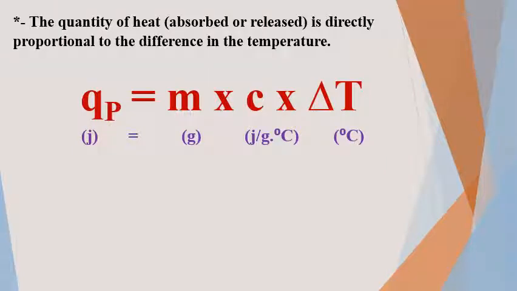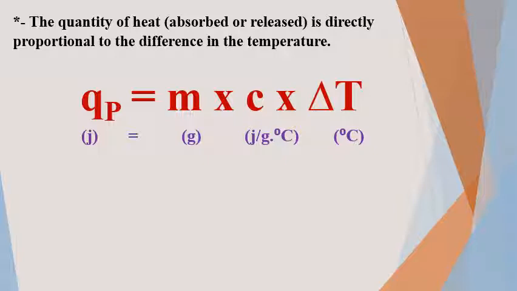This is our rule to calculate the quantity of heat. QP, which means quantity of heat under a constant pressure, and its measuring unit is joule, equals mass, its measuring unit here is gram, multiplied by C, which is specific heat, its measuring unit is joule per gram multiplied by Celsius degree, multiplied by the difference in temperature, and its measuring unit is Celsius degree.